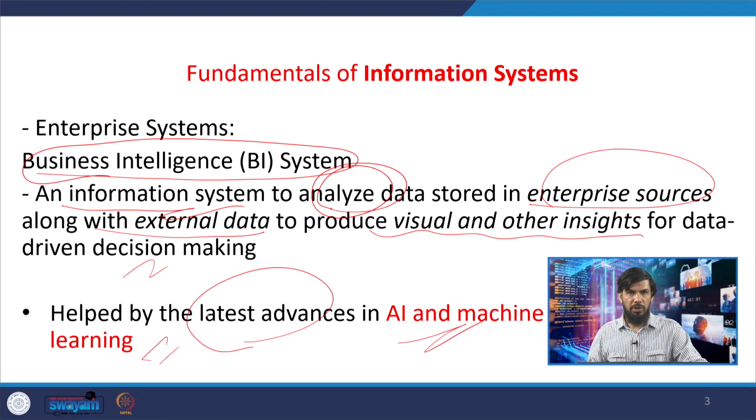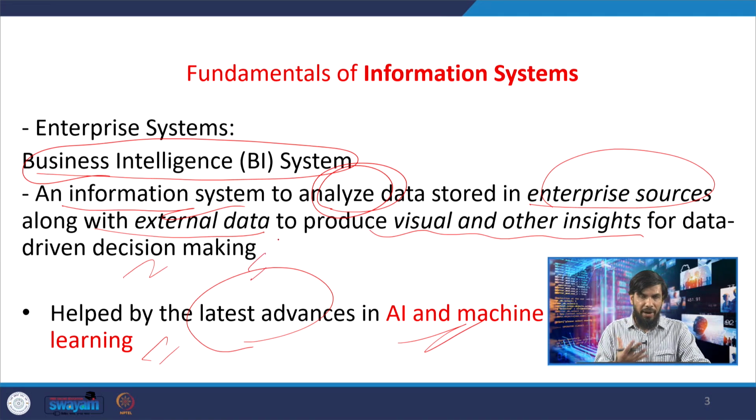Some analysts and data scientists would be doing the modeling and might have already created a model base. Those models would be readily used, and therefore the visualizations and other insights would be readily produced. Data is coming from within the enterprise, and some external data might also be integrated for better data driven decision making.